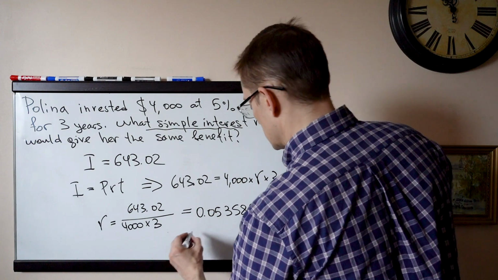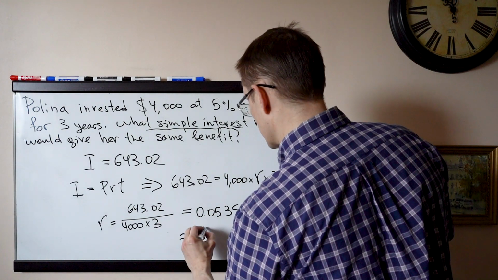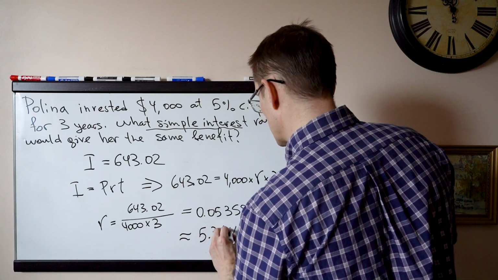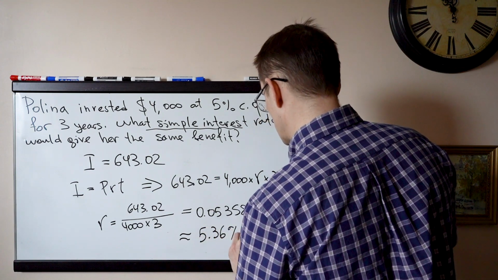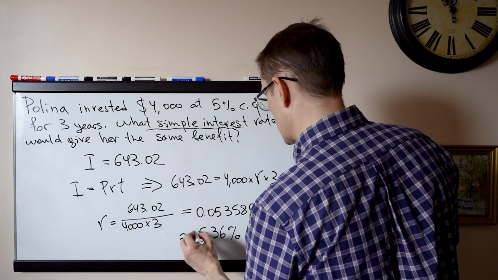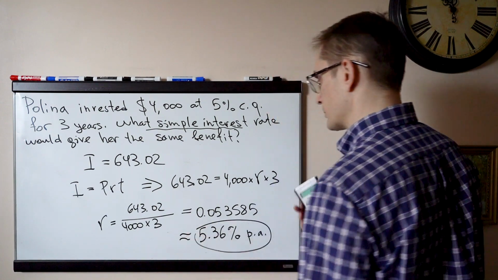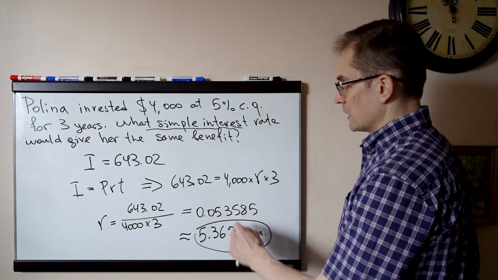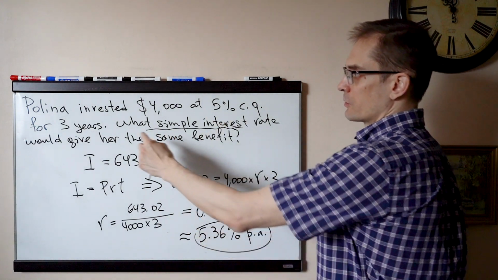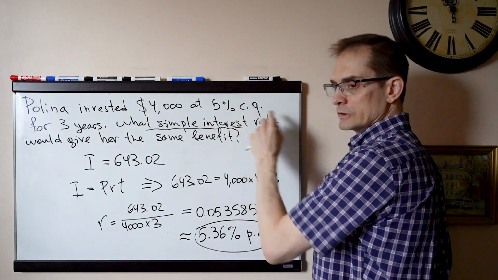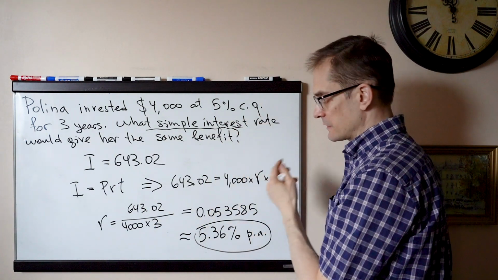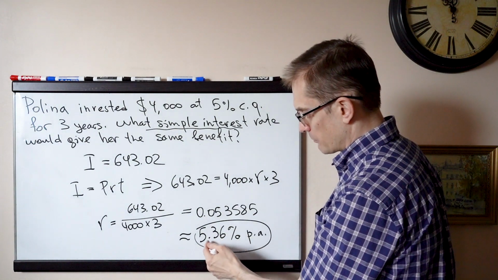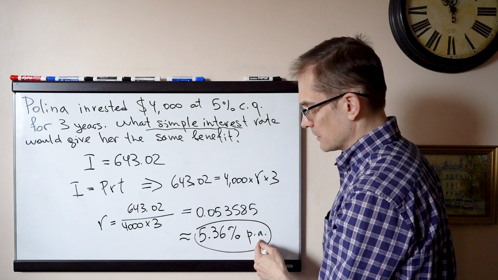Well, if rounded, it is going to be 5.36% PA. You see, basically what that means is that over the course of 3 years, 5% compounded quarterly is the same as 5.36% PA.